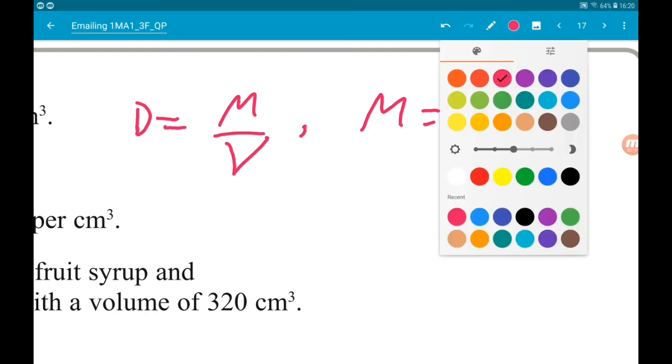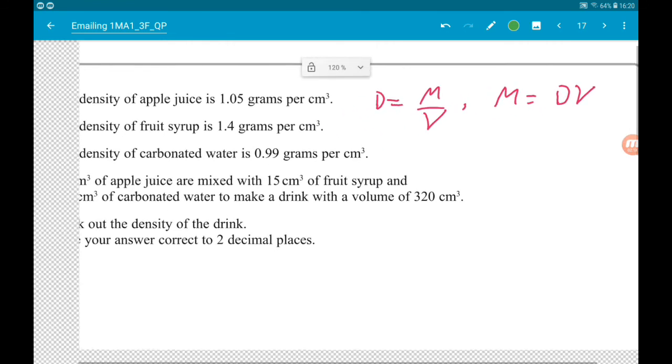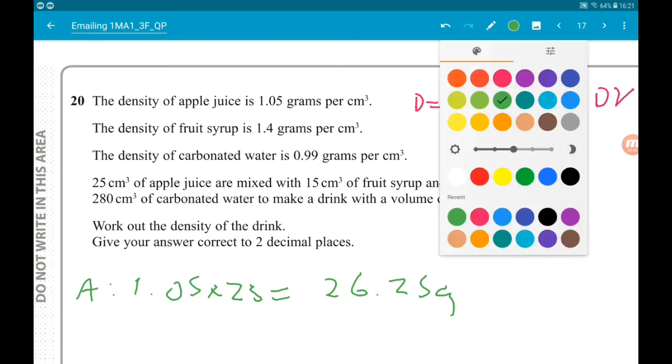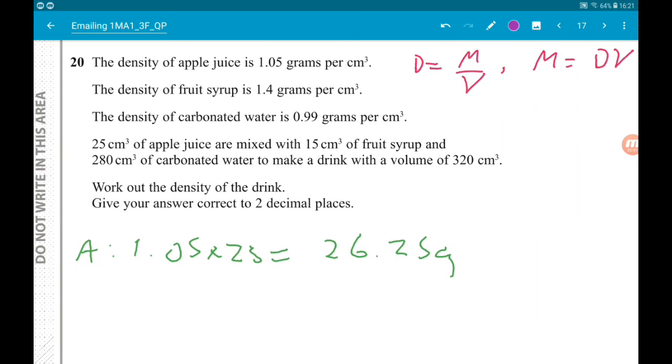So, for the apple juice, we do 1.05 times 25. And that's going to give us 26.25 grams. For the syrup, we're then going to do 1.4 times 15.